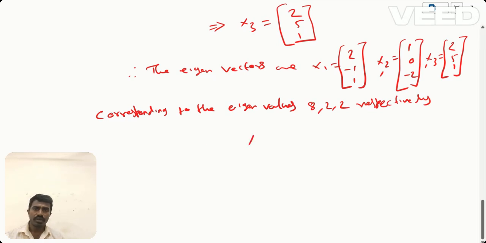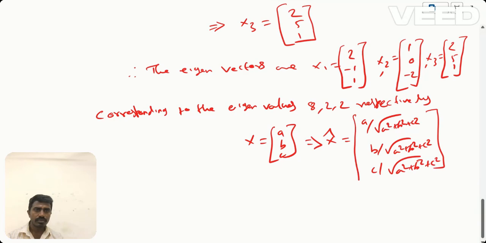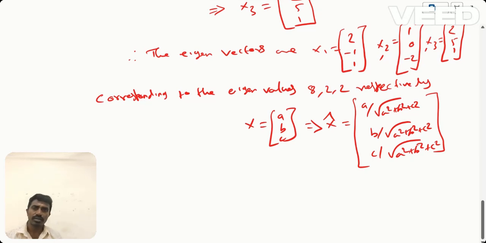So if x equal to ABC, then the normalized vector is denoted by x cap, which is equal to a by root of a square plus b square plus c square, and b by root of a square plus b square plus c square, and c by root of a square plus b square plus c square. This is the procedure to normalize the vector.